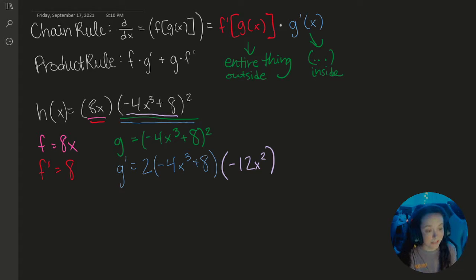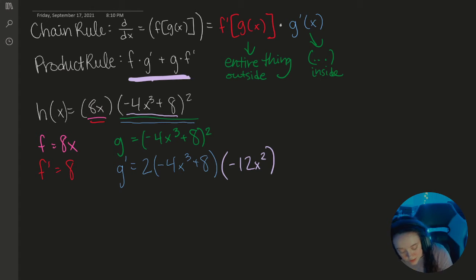Now we're going to set it up in order to solve. We're going to set this up in product rule format. I'm going to use my colors just so everybody can see what I'm doing. So 8x, so F times our G prime, and I'm going to keep my parentheses around everything because it makes your life a little easier.